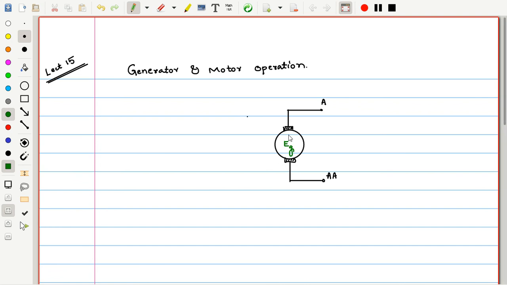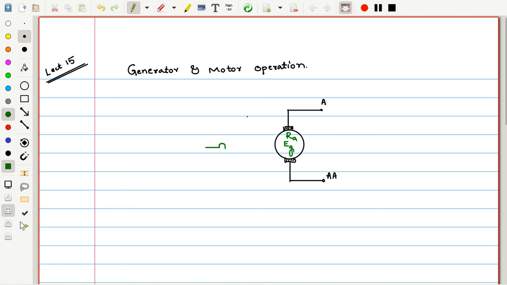This is the internally generated EMF, and the internal resistance of the armature we represent as RA. The amount of current produced by this armature is IA. These are common whether it is a generator or motor, but the current direction may be reversed for the motoring action. In general, construction-wise, these are the common things. So let me not represent the direction of the current here, because the heading is generator and motor.